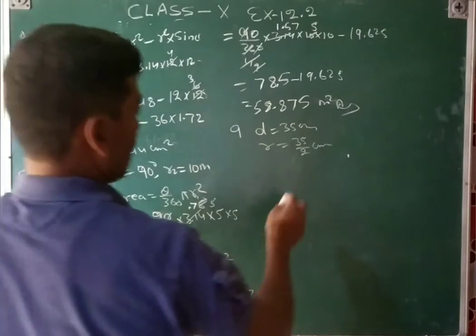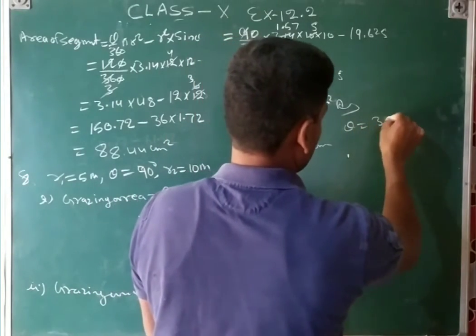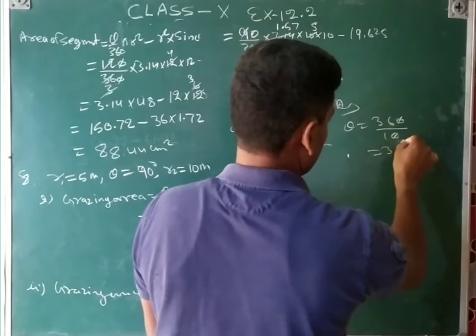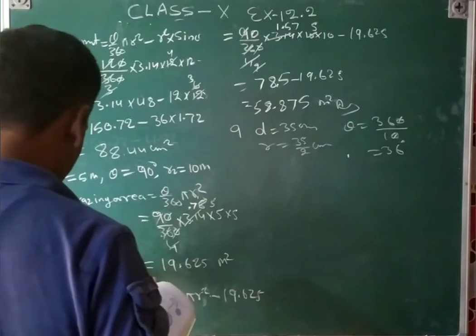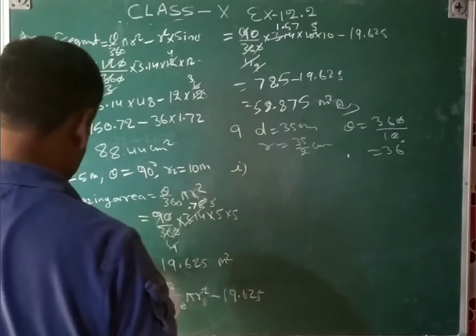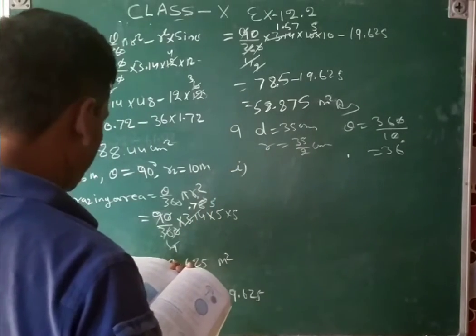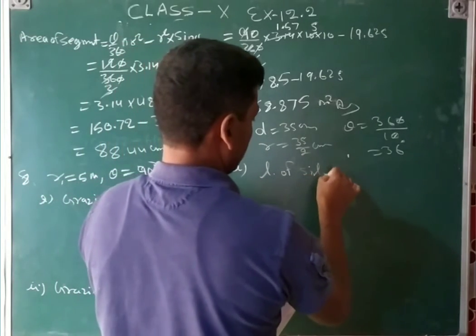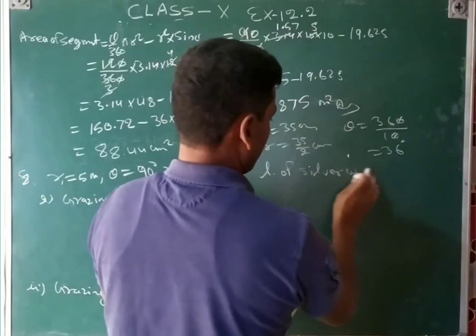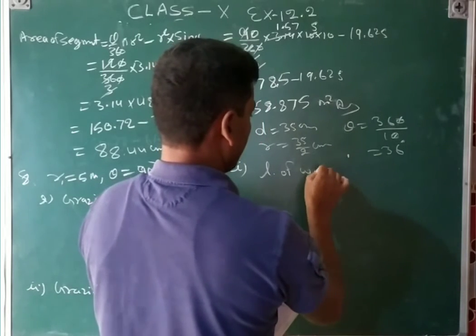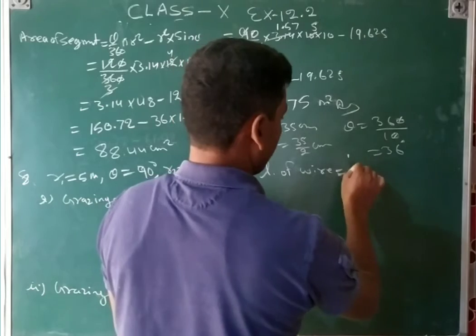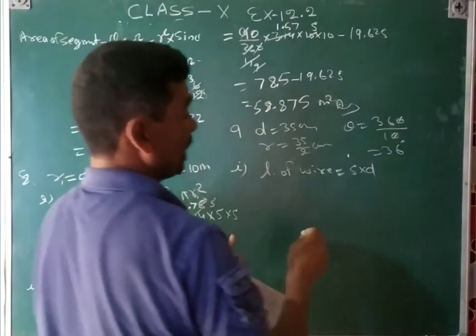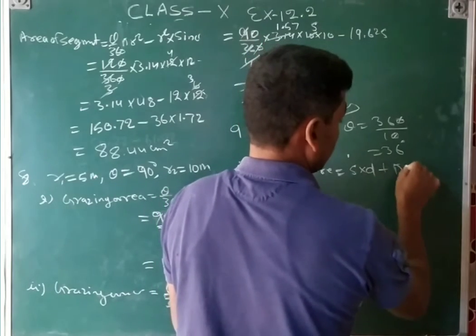It means theta is equal to 360 upon 10, that is 36 degree. So the first part is the total length of the silver wire. Length of wire is equal to 5 multiply d, because 5 diameters are there, plus pi d.